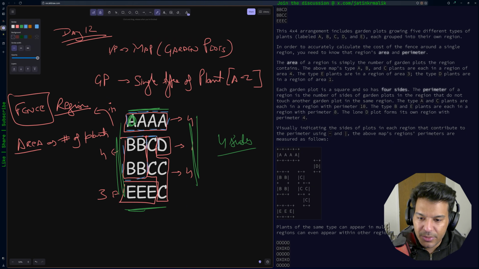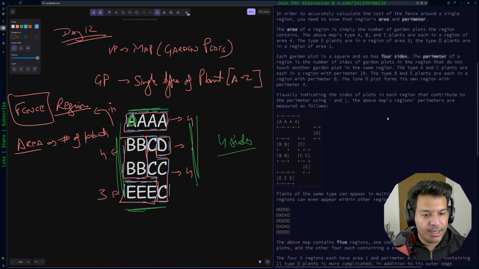So 1 through 10. For D, it is going to be 1, 2, 3, 4. And for E, it will be 1 through 8. So we got that, and if you had to check, it seems like that's correct.